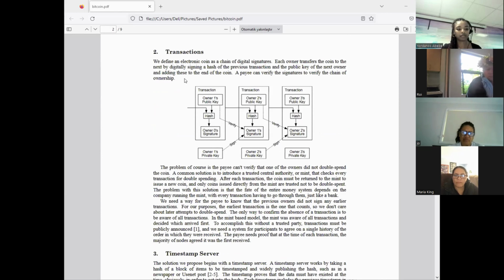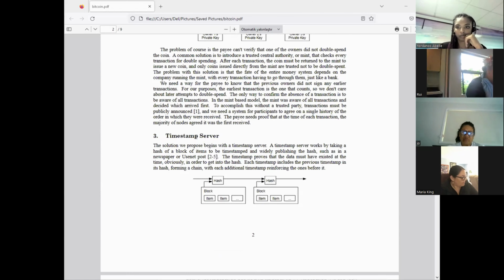You can see they explain how the transaction will happen by the time they launch Bitcoin. Timestamp server: when the transaction becomes a block, they record it in real time, and it is added to the previous block to make another block, continuously. So if you go online right now and track any transaction, you can see that the transaction will contain the block ID, the date, the time, and not just the time, even the seconds.